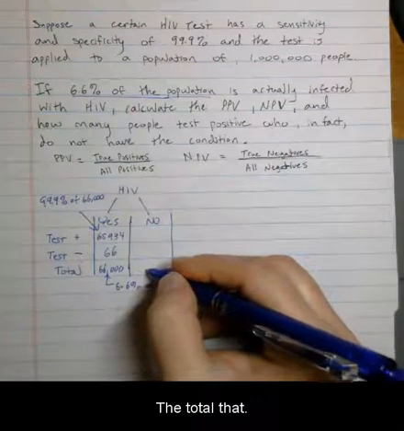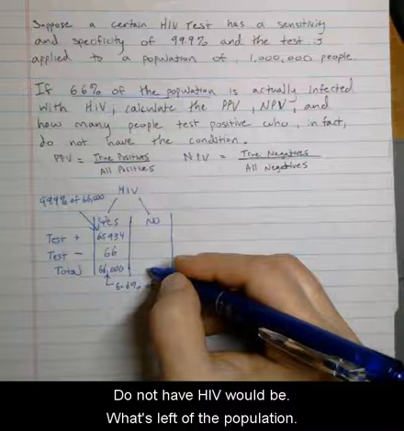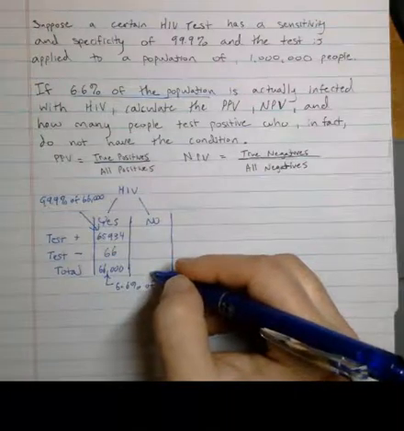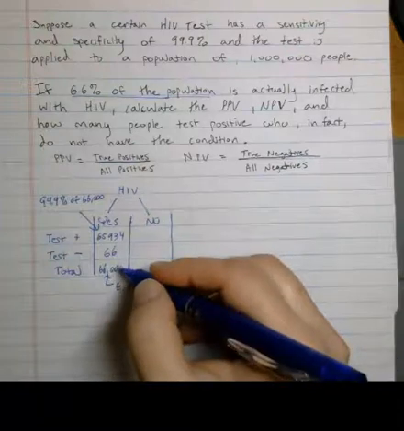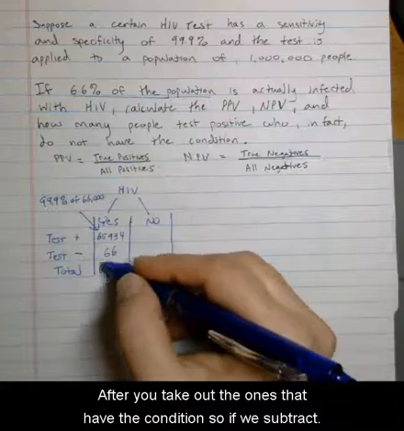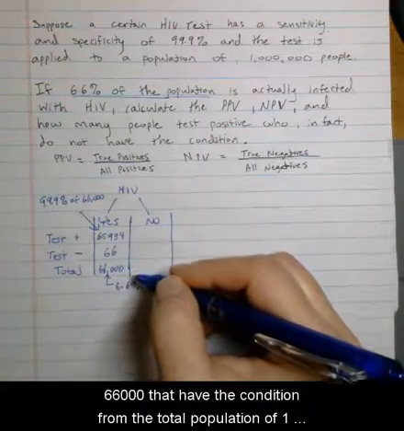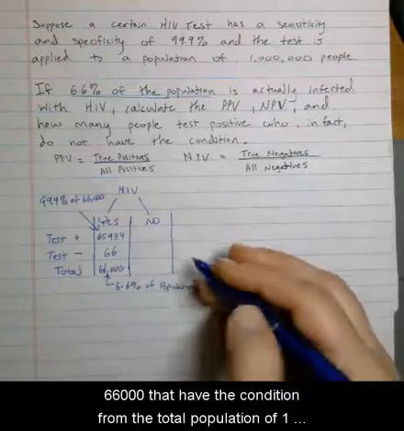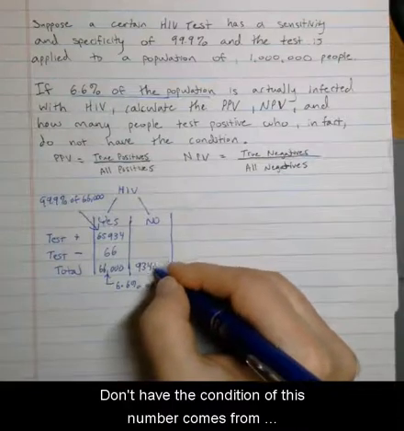The total that do not have HIV would be what's left of the population after you take out the ones that have the condition. So if we subtract 66,000 that have the condition from the total population of 1 million, then we get those that don't have the condition.